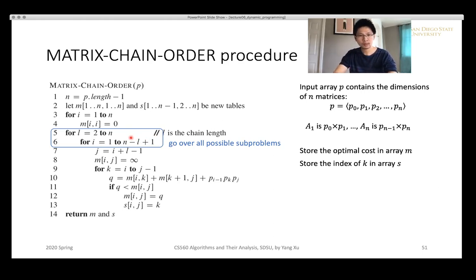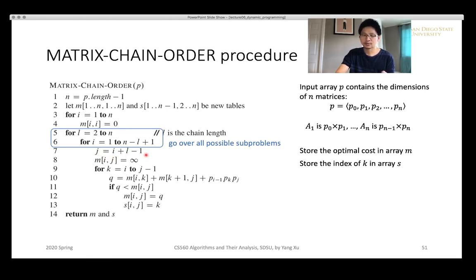According to I, we can define a J. Once we know the starting index I, and we also know that the subproblem we are solving now is of size L, the ending index is naturally I plus L minus 1.